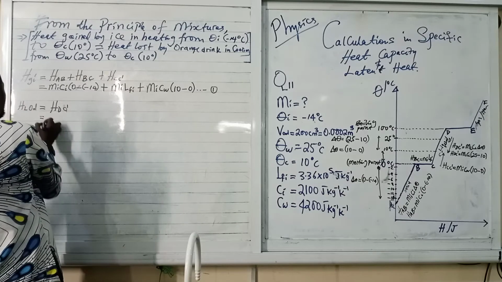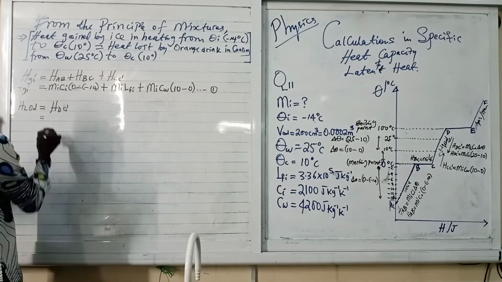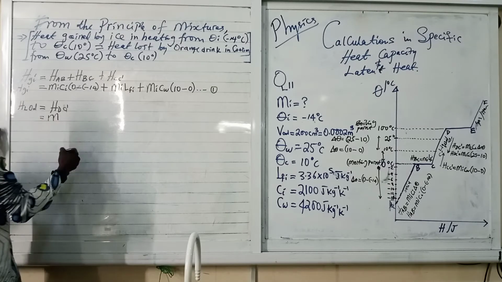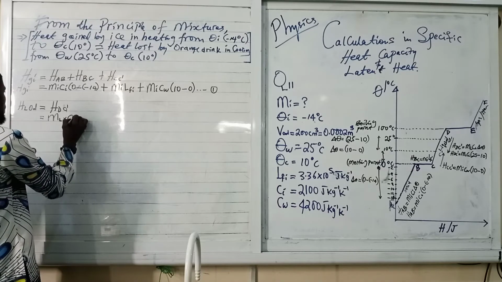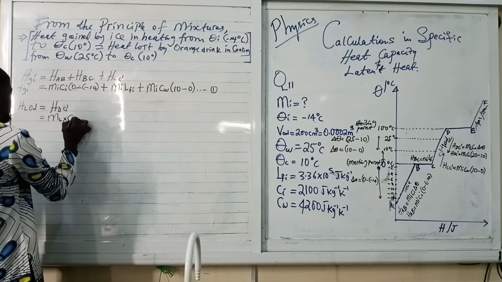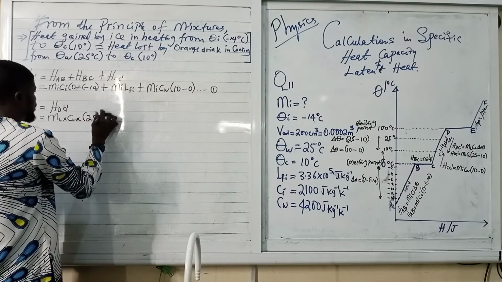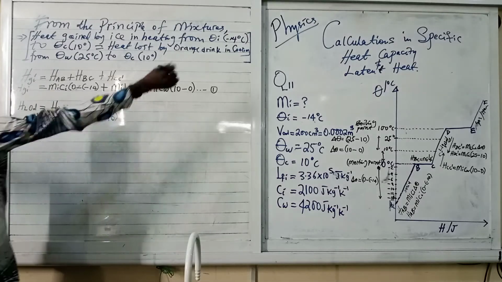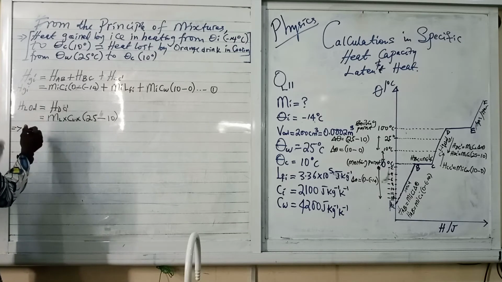If we substitute, we are going to have mass of the orange drink, which is mass of the liquid, times specific heat capacity of the liquid, times 25 minus 10.